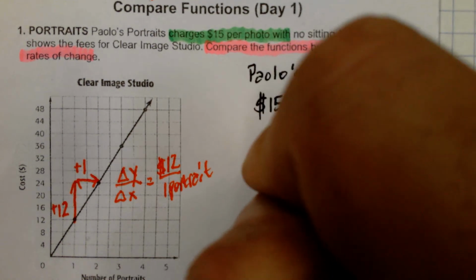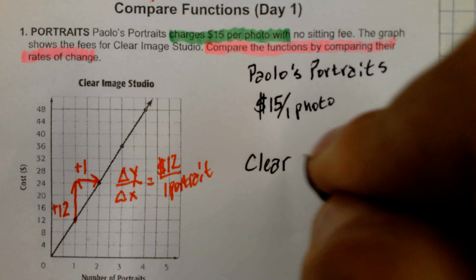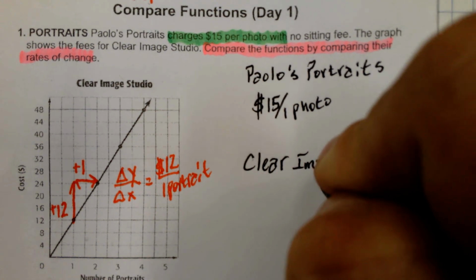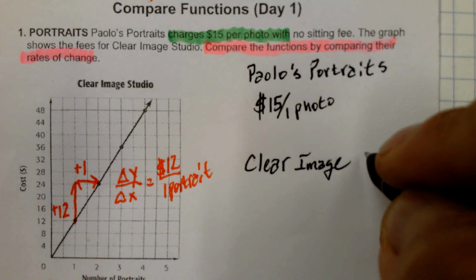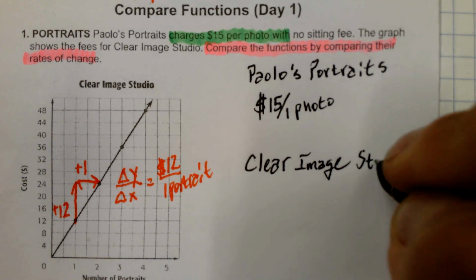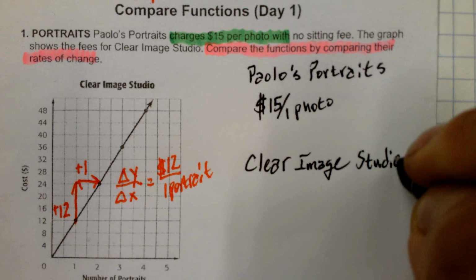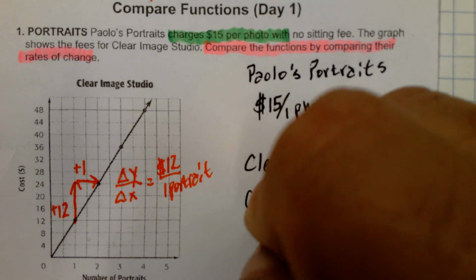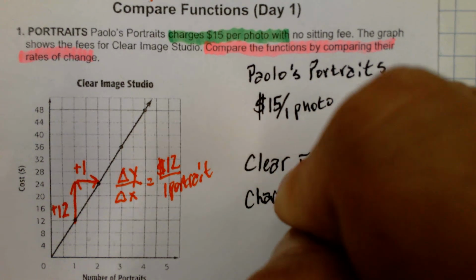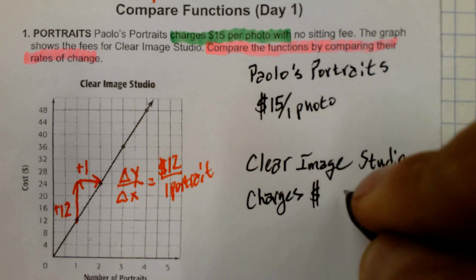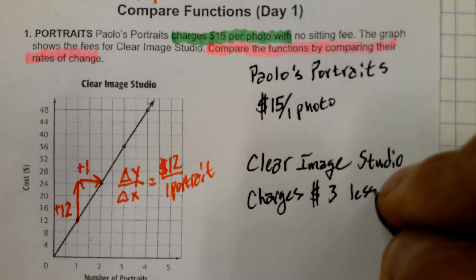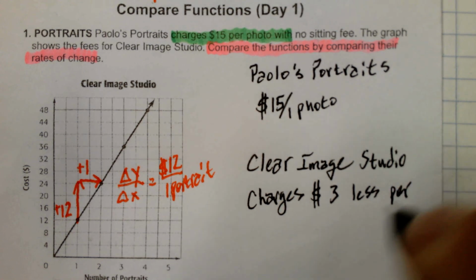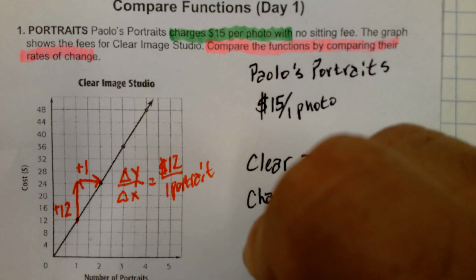Let's say Clear Image Studio charges $3 less per photo.